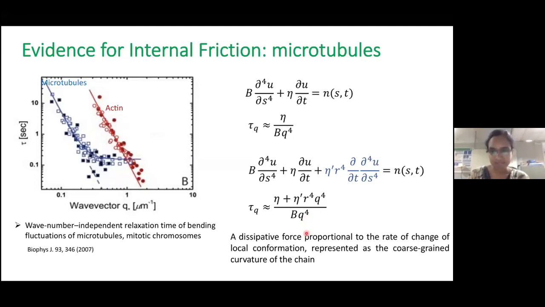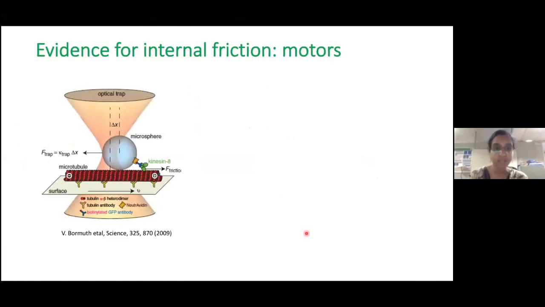With this background, we knew that probably in cilia also the internal friction will be important, because the building block itself seems to have some internal friction associated with it. There is another source of internal friction in ciliary beating that could come about simply due to the nature of motor-filament interaction.